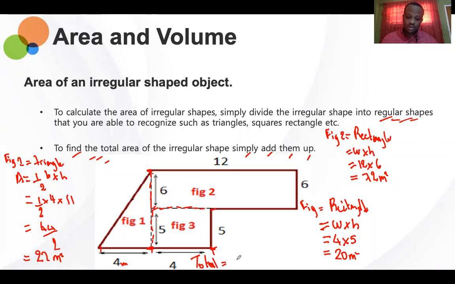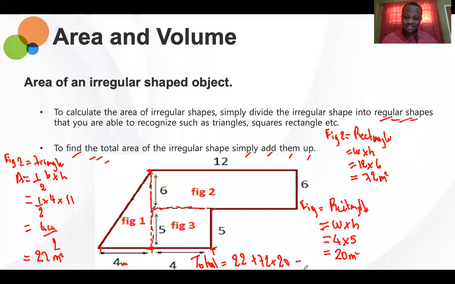So figure 1 is 22, right? And what is figure 2? Figure 2 is 72. The answer is 114. All right, let's slow down for a second.